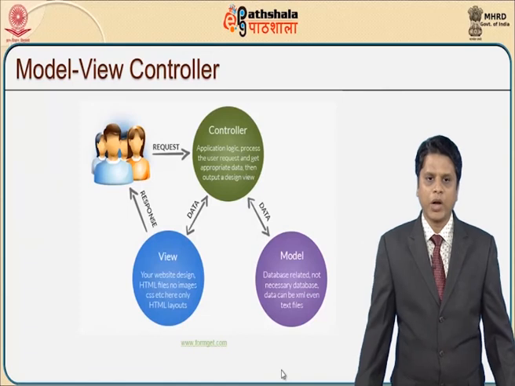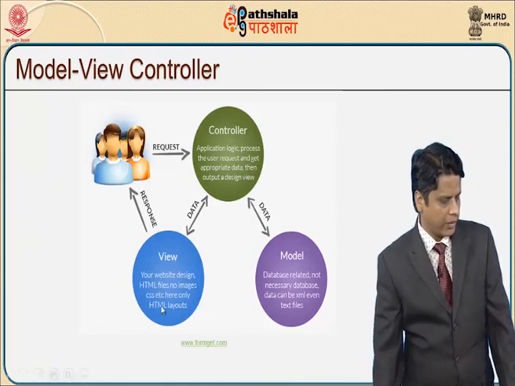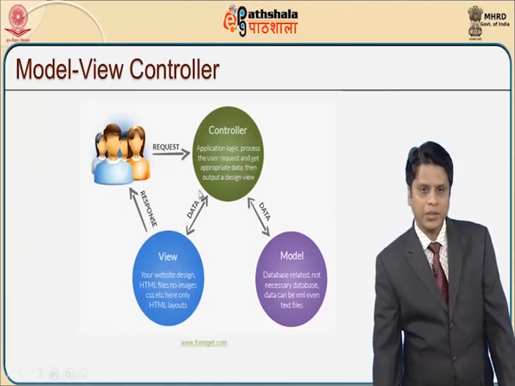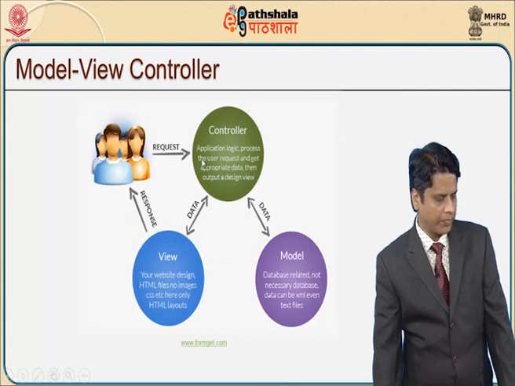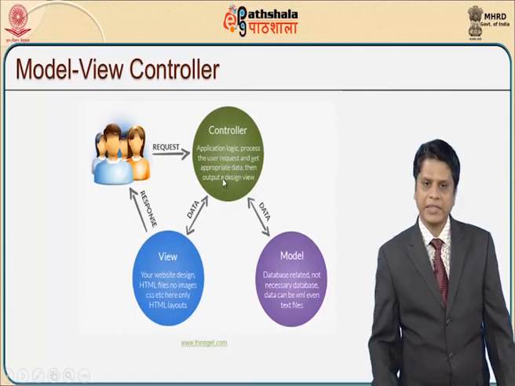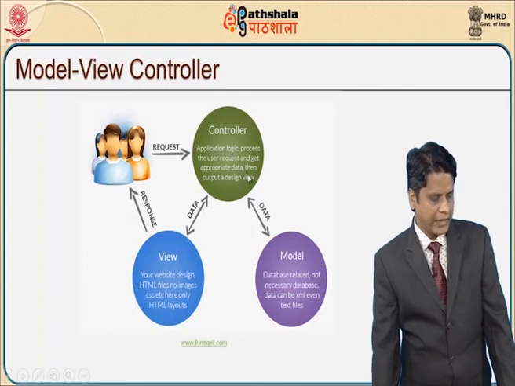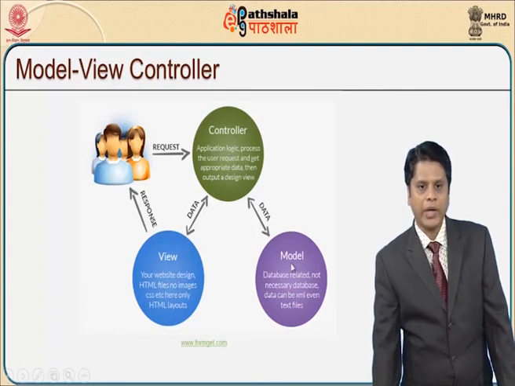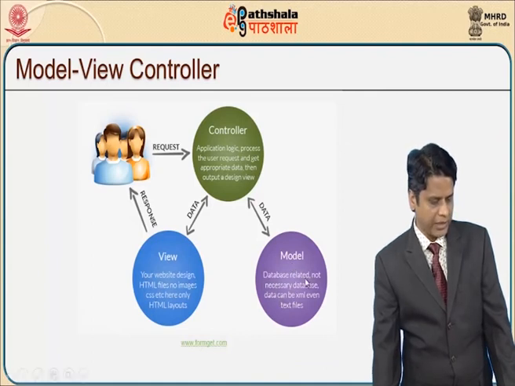The model view controller takes requests from the user directly to the controller, which has the application logic, processes the user request and gets the appropriate data, then outputs to the view. And it has a model where all the data related items are stored. So it is database related, though not necessarily a database; data can be XML, even text files stored at this location.